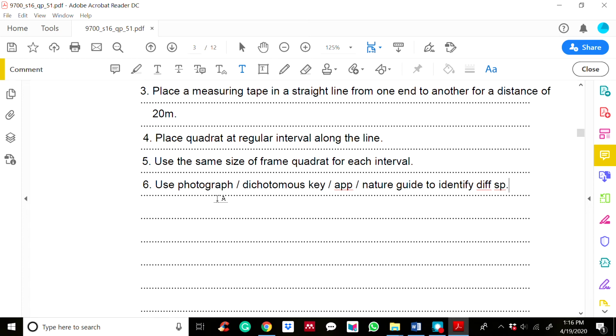Use photographs, a dichotomous key, apps, or nature guides to identify different species found in the quadrat.